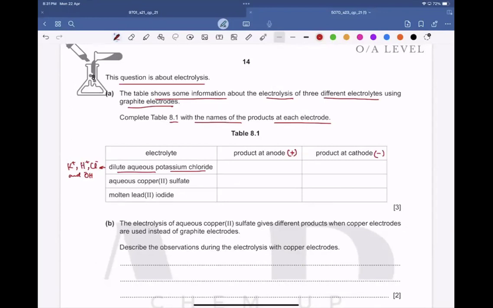Yes, very good, Khatija, as it's a dilute solution, the hydroxide ion reaches the anode and turns into oxygen. Yes, very good, Aisha. Very good, Abdul Hadi. Rahim, you are wrong. So here we are going to get oxygen.